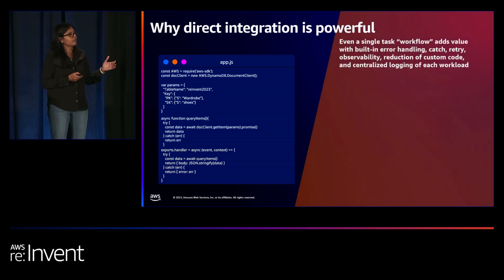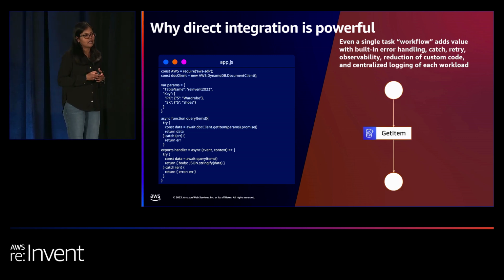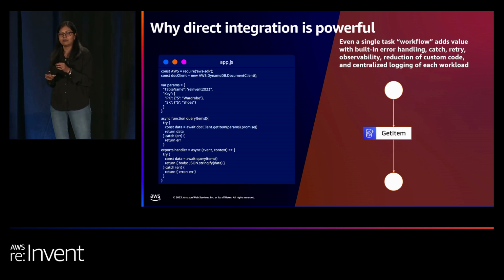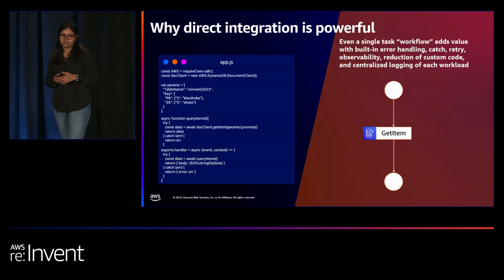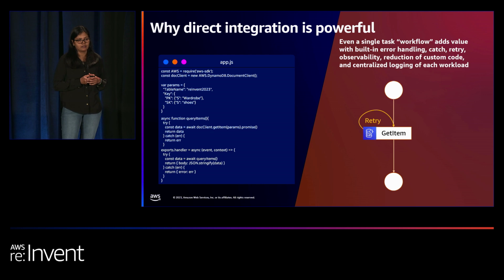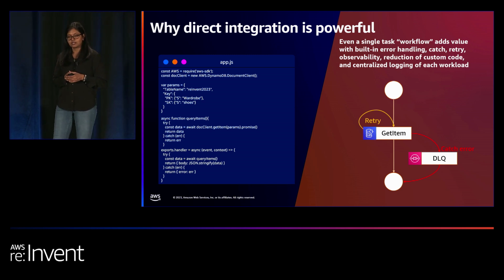If I implement the same in a workflow, all I have to do is to add one single state, DynamoDB GetItem, without worrying about what library I'm going to use. I can then configure the payload, the table name, and the keys. I can retry if the DynamoDB GetItem fails. If it keeps failing, I can send it to a dead letter queue like Amazon SQS.